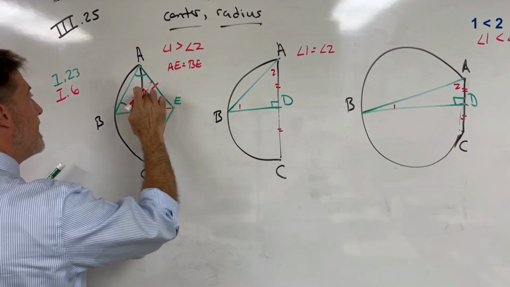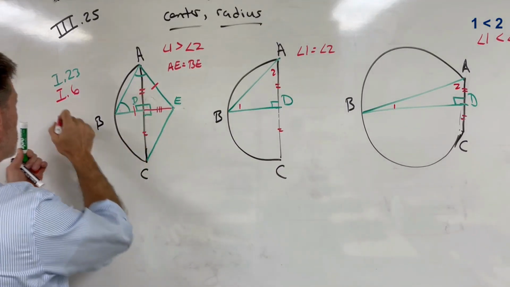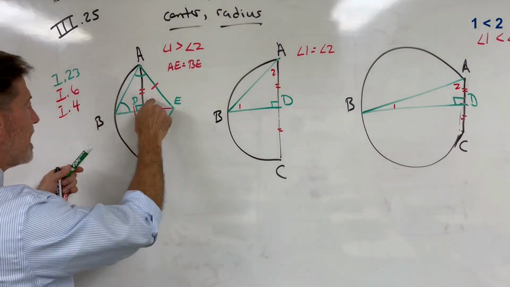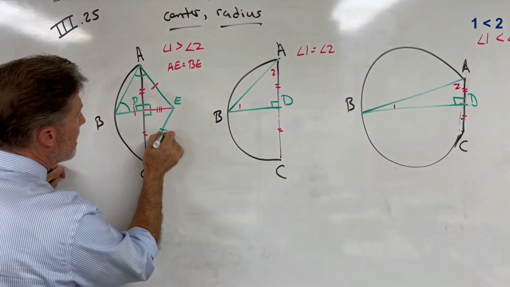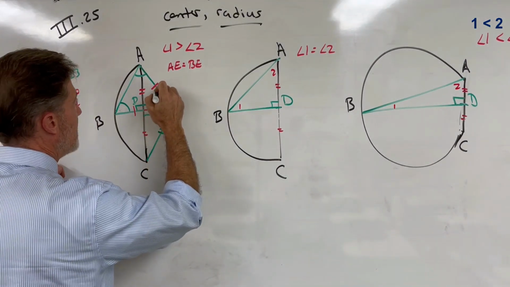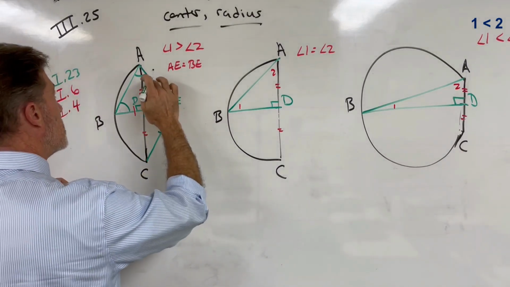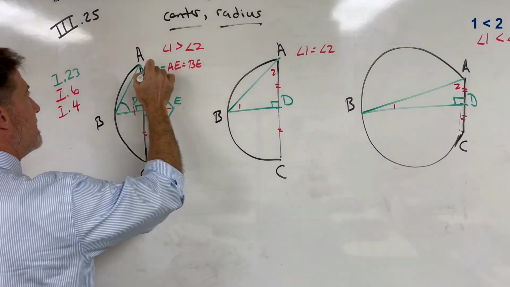So we have side-angle-side equal to side-angle-side. Using Book 1, Prop 4, we can show that these triangles are equal, and more particularly that this base is equal to this base. So we're going to show that AE is equal to EC.